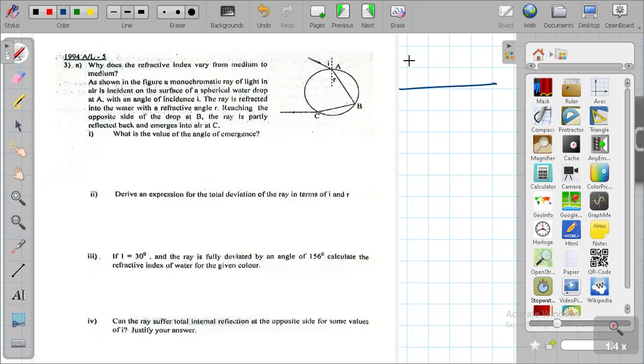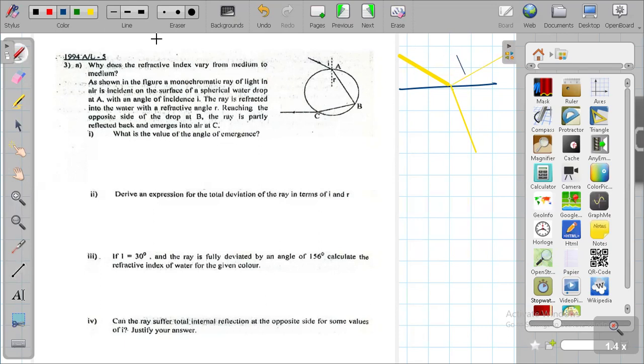When a ray hits a surface like this, one part may refract and some part just reflects back. This is called partial reflection.